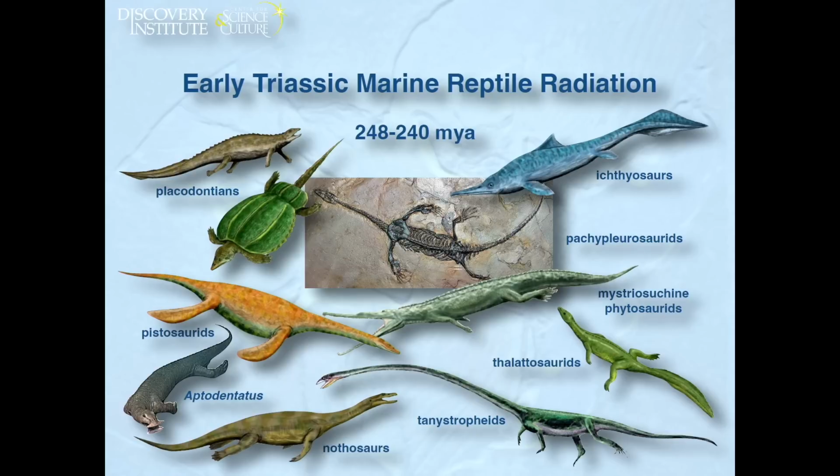And you can see here just a little sample of the diversity of different body plans. Some of them look like fish, some look like turtles, others look like manatees or crocodiles, and they all appear without precursors suddenly in the early Triassic fossil record.